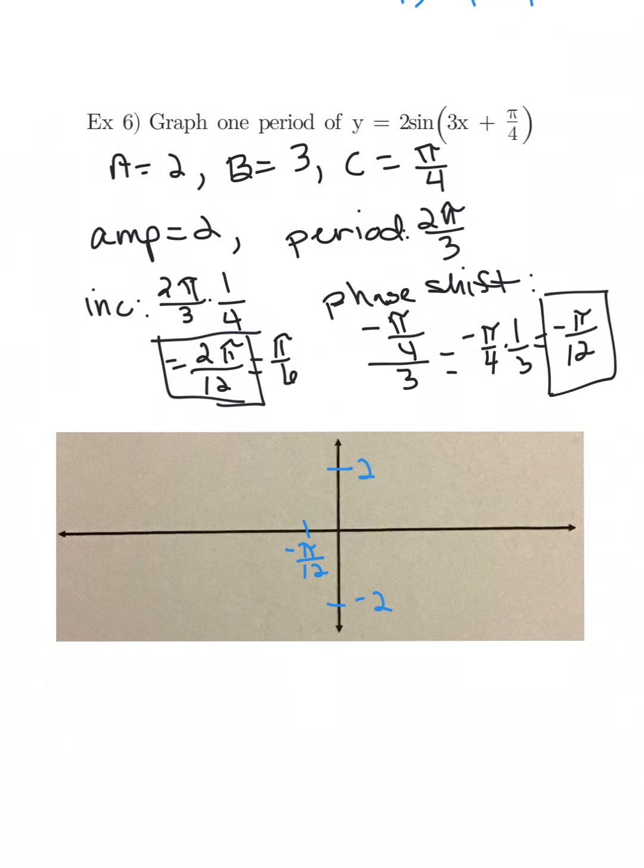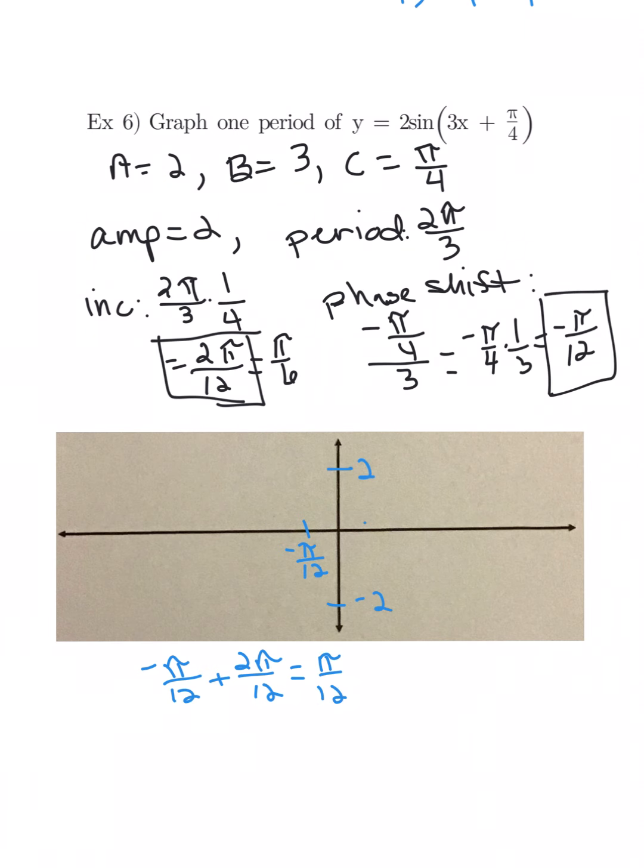Now to find the rest of our marks, we are going to add 2 pi over 12 to that. Negative pi over 12 plus 2 pi over 12. Think about that. Negative pi over 12 plus 2 pi over 12 is going to give me positive 1 pi over 12.